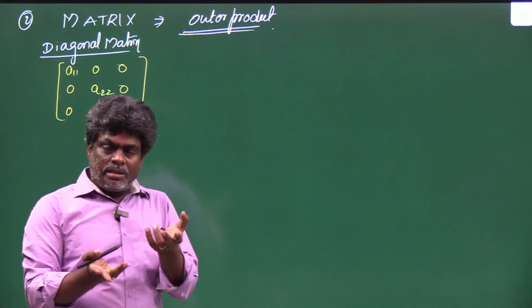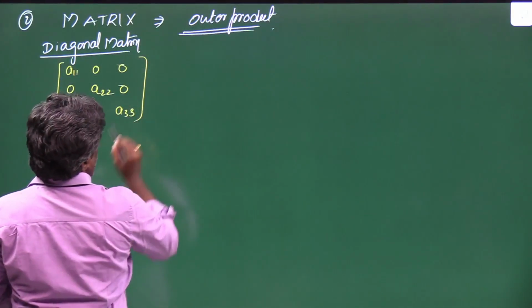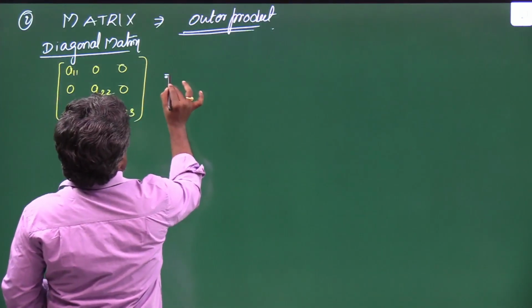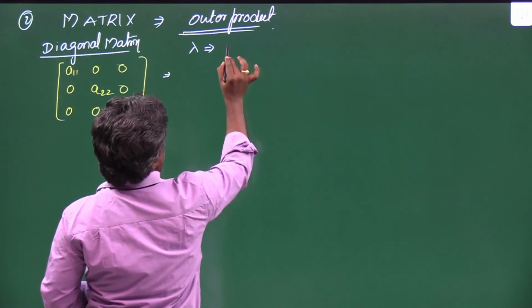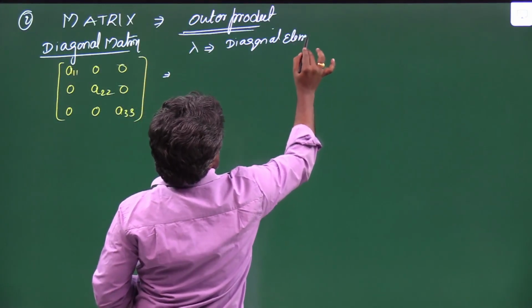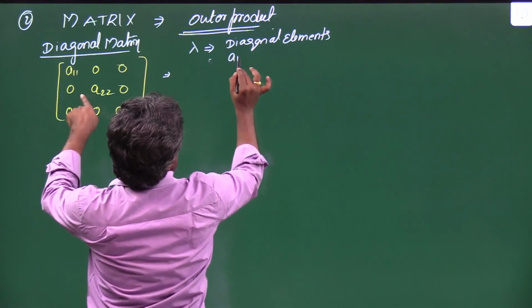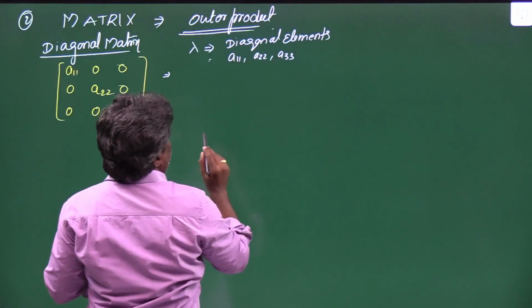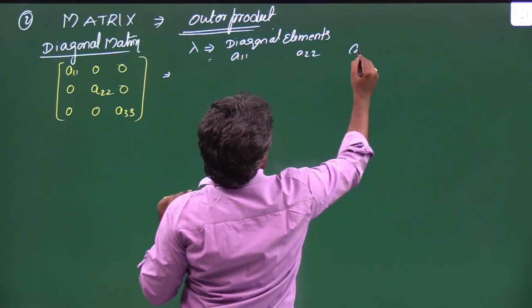For every diagonal matrix, eigenvalues are simply the diagonal elements. Now, what are these diagonal elements here? A11, A22, A33.